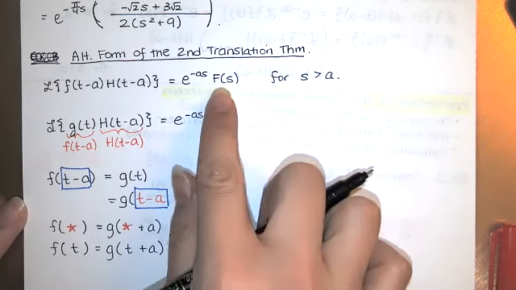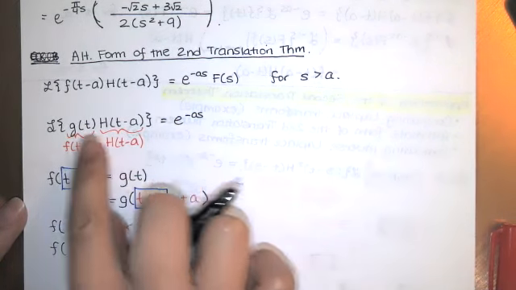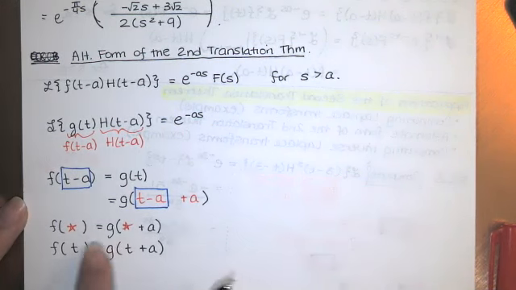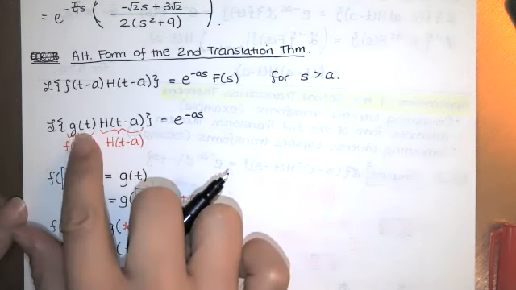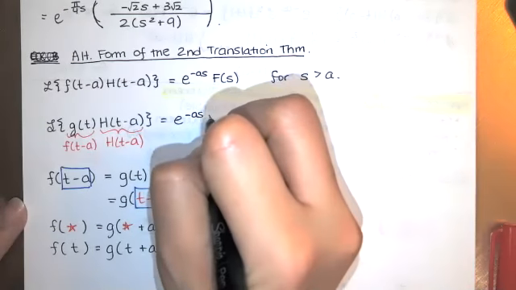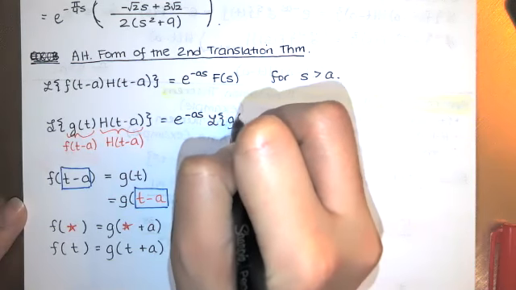Now remember, this is supposed to be the Laplace transform of f of t. So when we're coming up with this alternate form of the second translation theorem, we're just writing this in terms of this function g of t instead. Well, the Laplace transform of f of t in this case is the Laplace transform of g of t plus a.